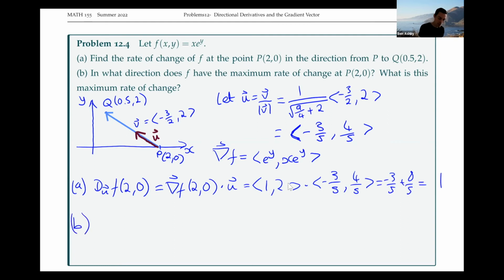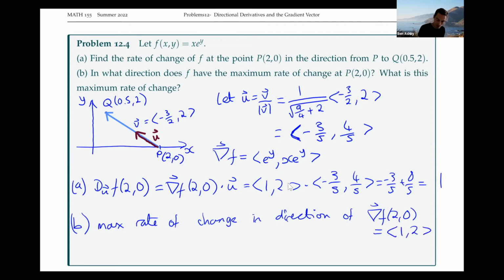Okay, now we're asked to work out the maximum rate of change, or rather what direction has the maximum rate of change at (2, 0). Well, we know that our gradient vector gives us the direction of the maximum rate of change, and then the length of that gradient vector tells us the maximum rate of change. So we know that our max rate of change is in the direction of the gradient of f at (2, 0), which we worked out above is just (1, 2).